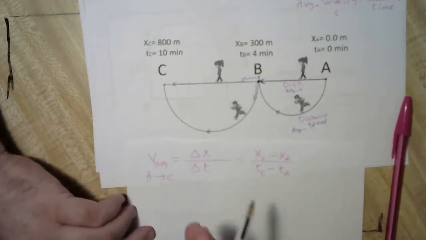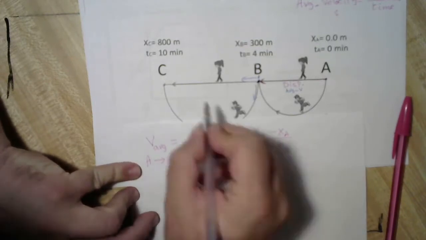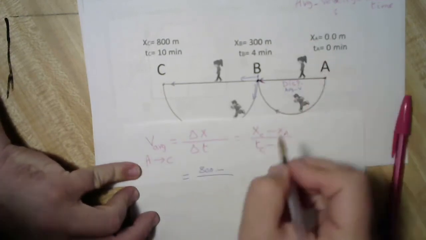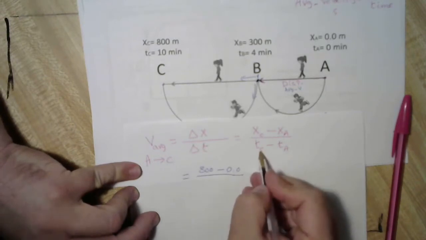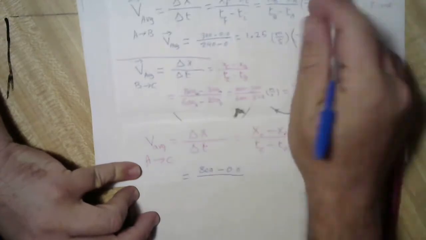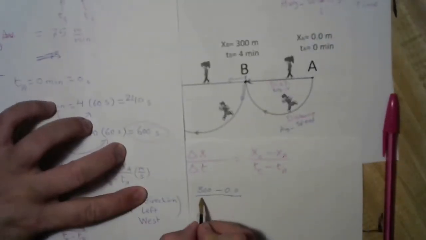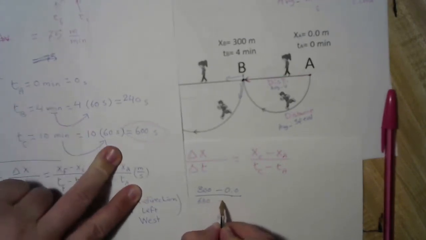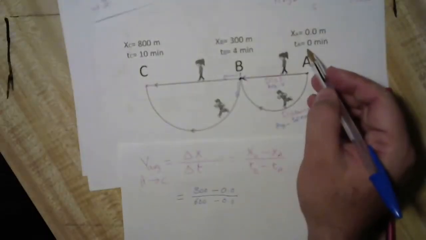I can put the values now, which is equal to x at C 800 minus 0, divided by t at C, 10 minutes, which is 600 seconds, minus 0 seconds at the point A.